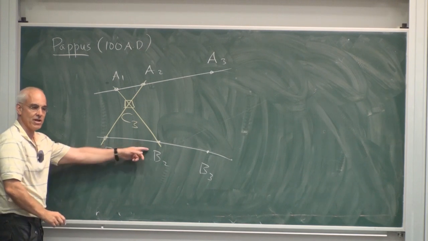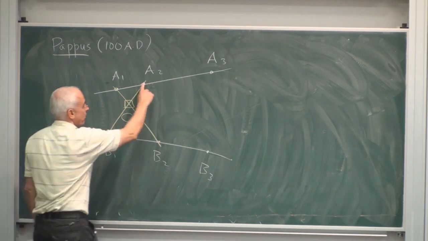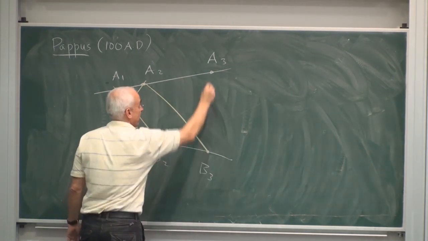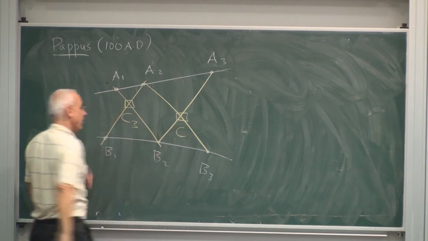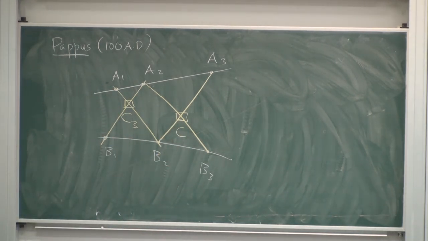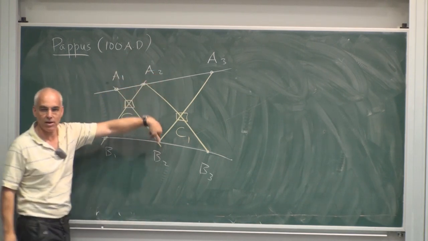This sort of corresponds to the indices 1 and 2. Let's do the same thing over here with A2 and B3 and A3 and B2. We get a new point over here. Let's call that C sub 1, because it comes from A2 and A3 and B2 and B3.